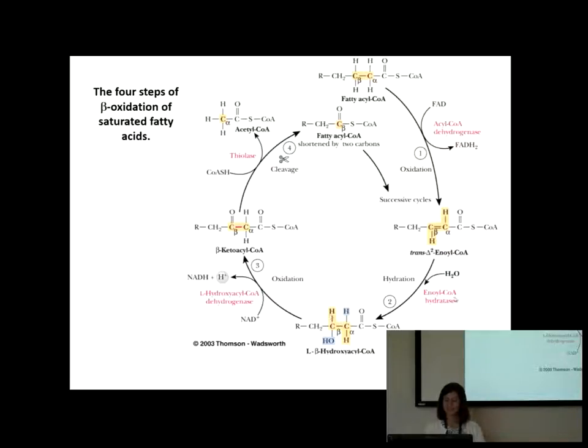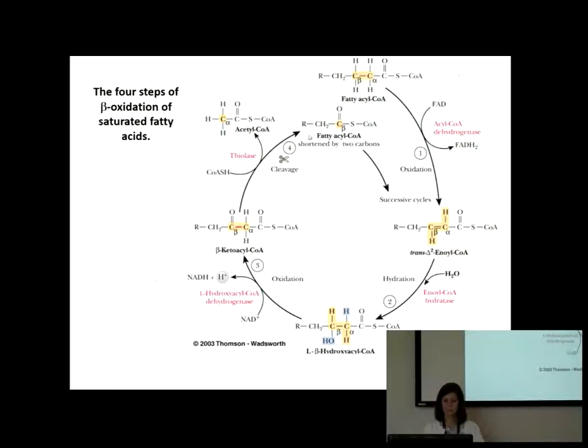All right. But look at what's happening here. It's the same thing, right? It's the same kind of idea where you want to have oxidation happen. How are we going to do that? You got to get a double bond in there that you can hydrate and then you can oxidize. Same idea that we're having here. Double bond, hydrate it, oxidize that new alcohol, and then this is the new one.